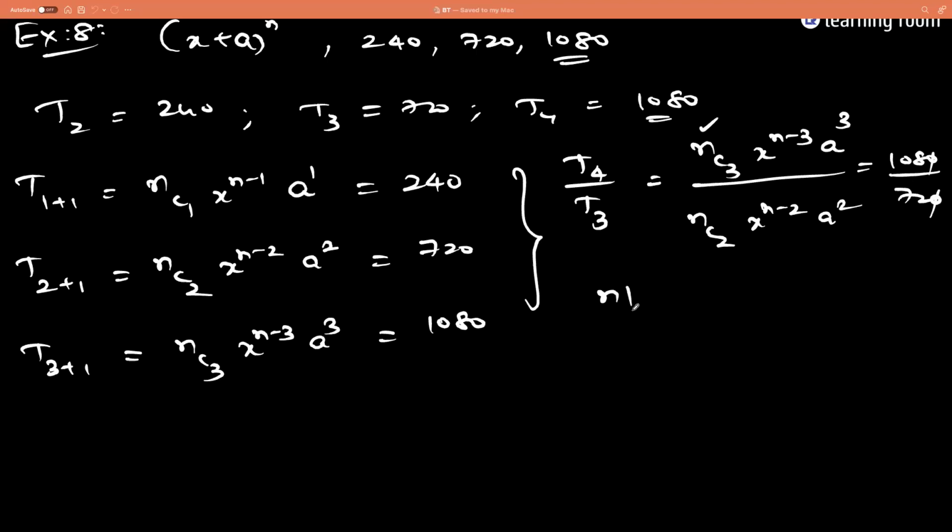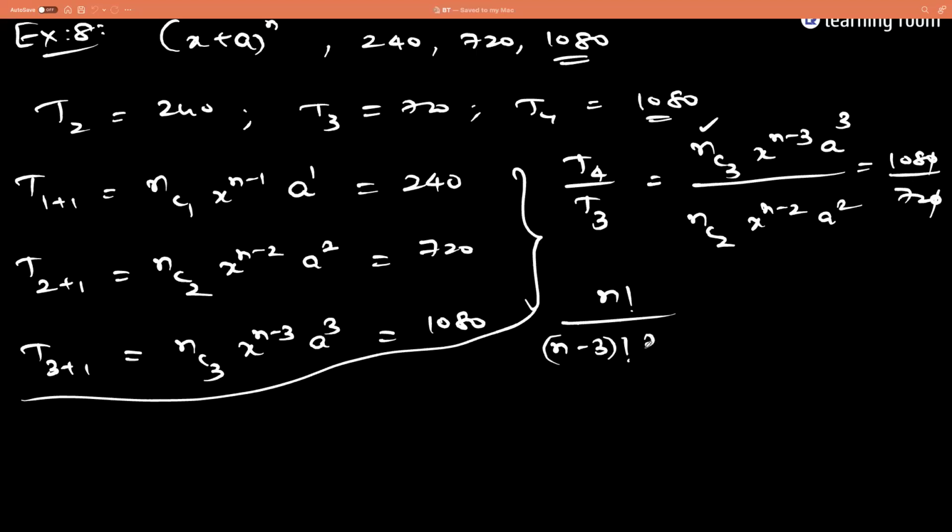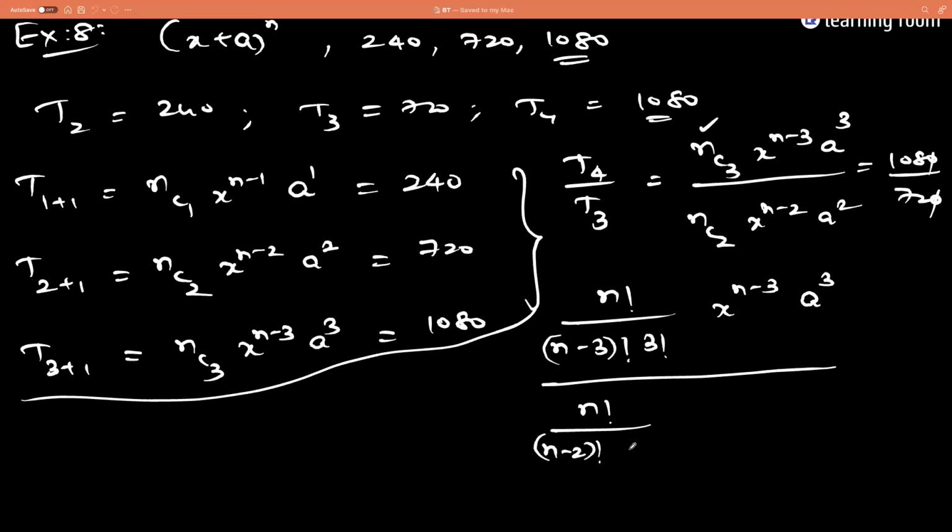So nC3 you can write as n factorial by n minus 3 factorial into 3 factorial into x power n minus 3 a power 3, divided by nC2, which is n factorial divided by n minus 2 factorial into 2 factorial into x power n minus 2 into a square, equal to 108 and 72. This goes 6 times, this goes 4 times, so 3 by 2.